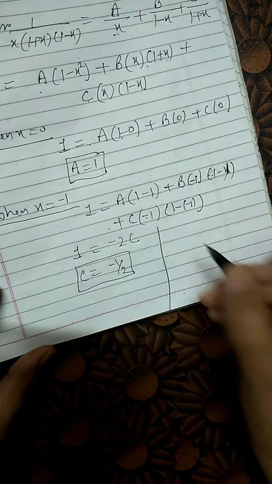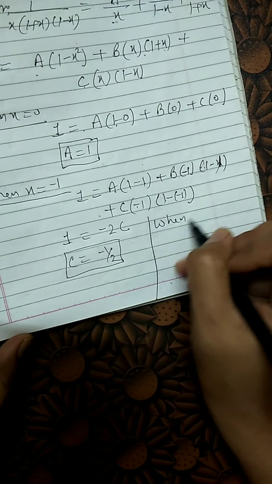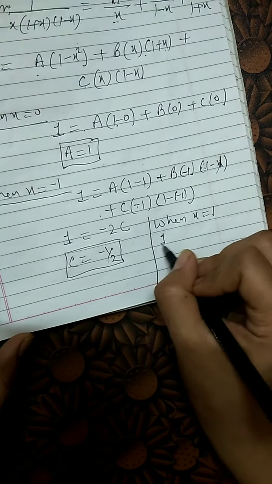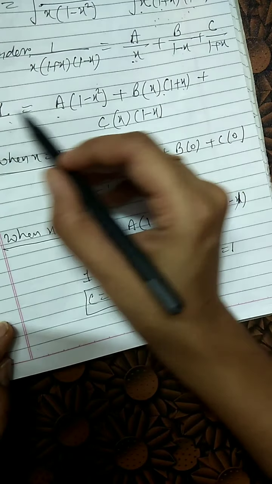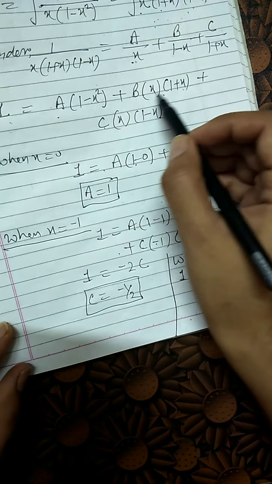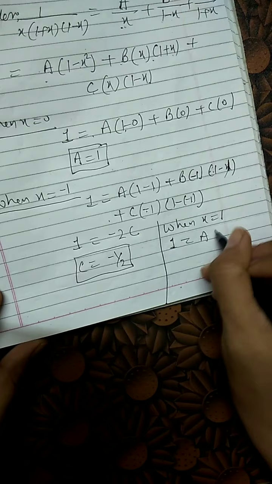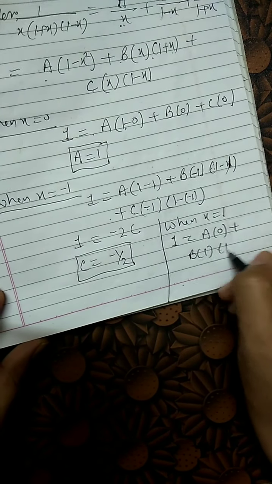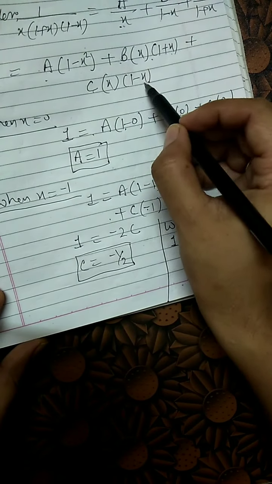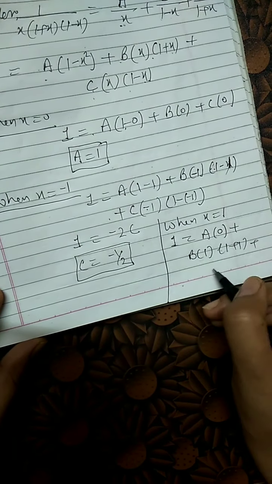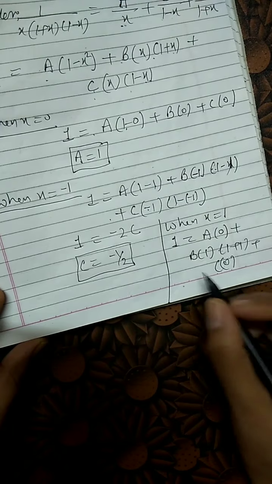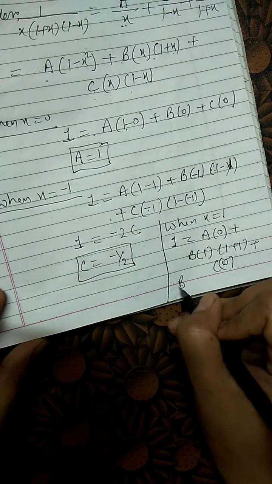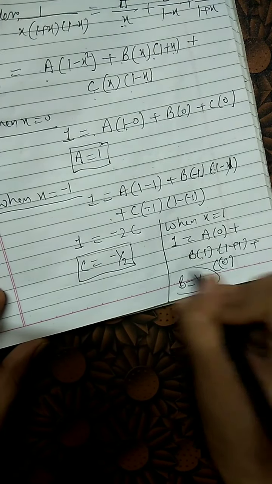Right. Similarly, when I put x as 1, this will become 0, and a into 0 will become 0, plus b into 1, 1 plus 1, and when I put 1 here, c is also becoming 0, c into 0. So the value of b will be 1 by 2.